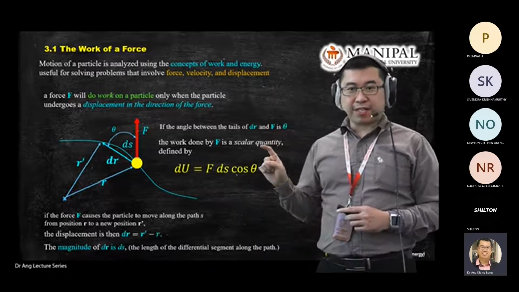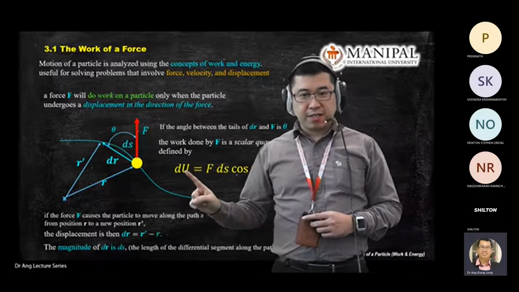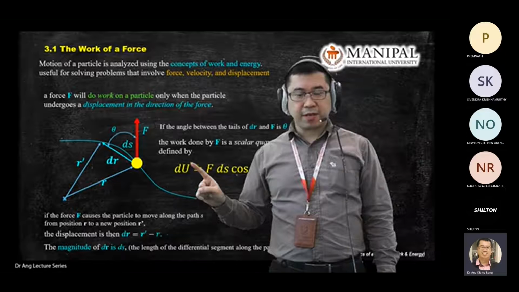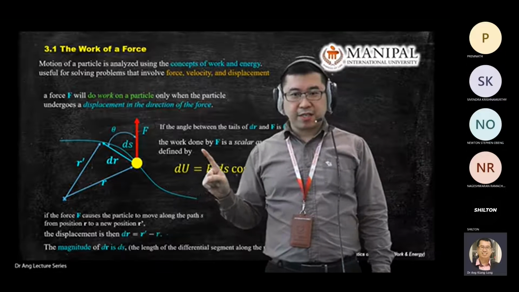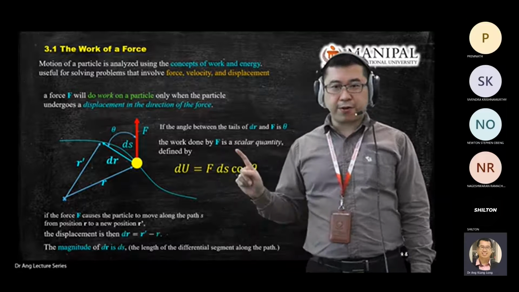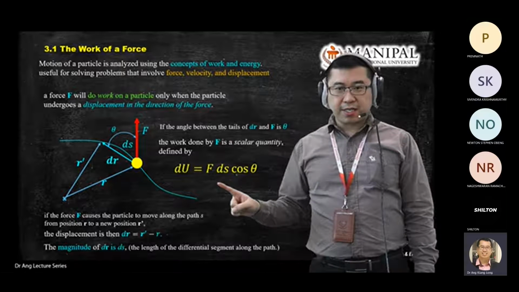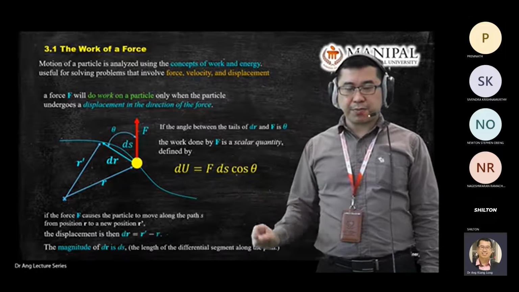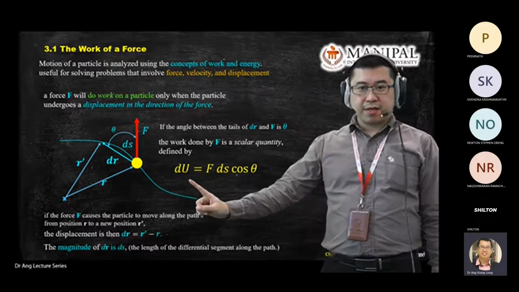So you have this equation, the first equation for this session. Du is a work. Work done by the force is the product of force multiplied by the displacement in the direction.